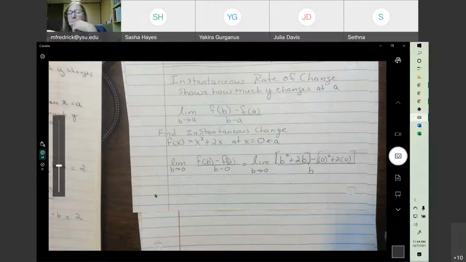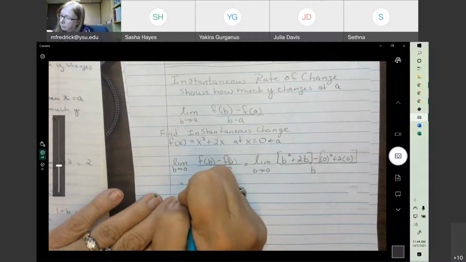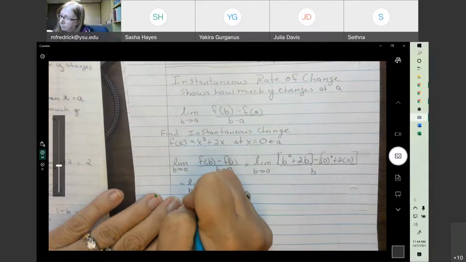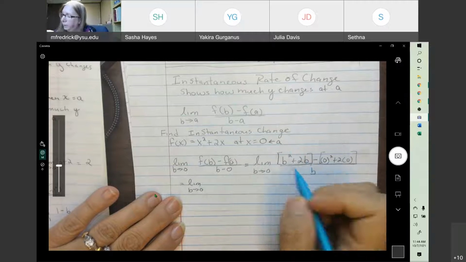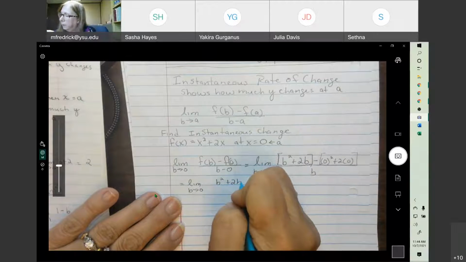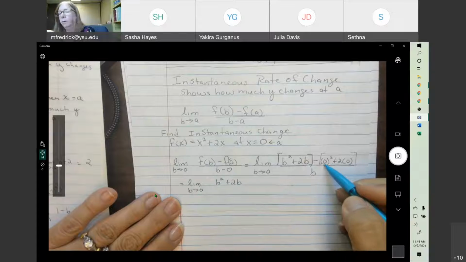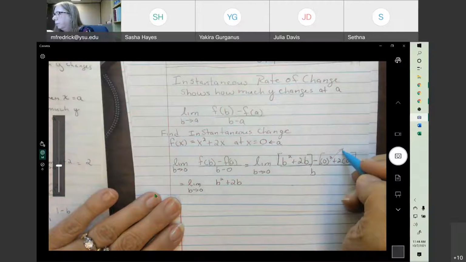Any questions so far? Nothing we can simplify here, so we have b squared plus 2b, and all of this is 0. 0 squared, so this whole thing goes to 0.